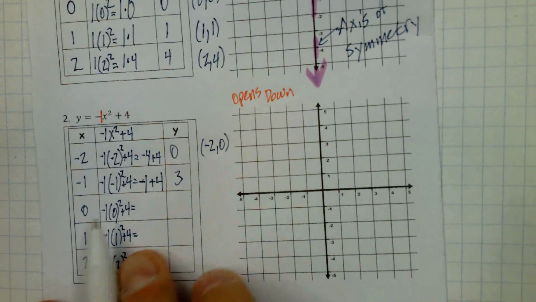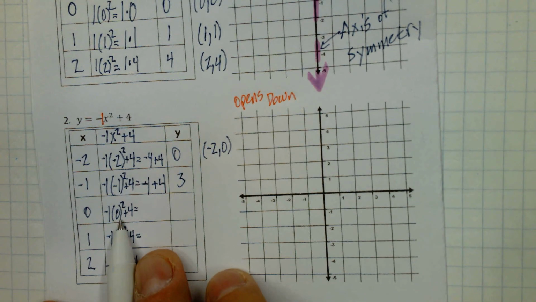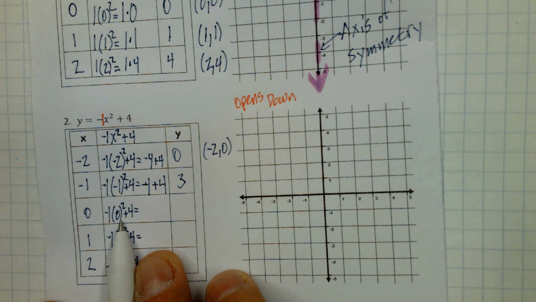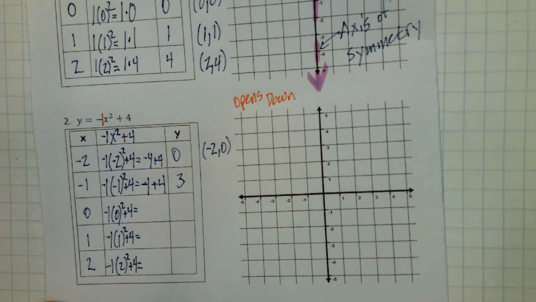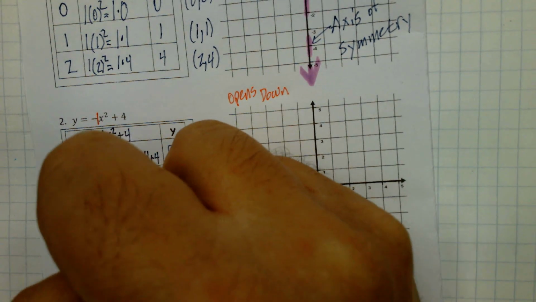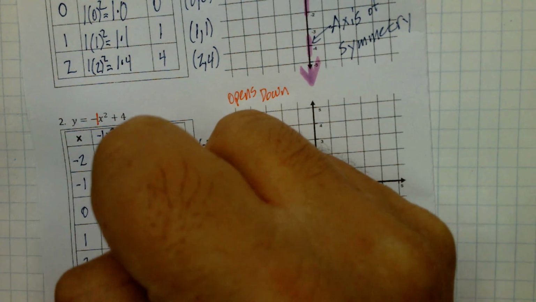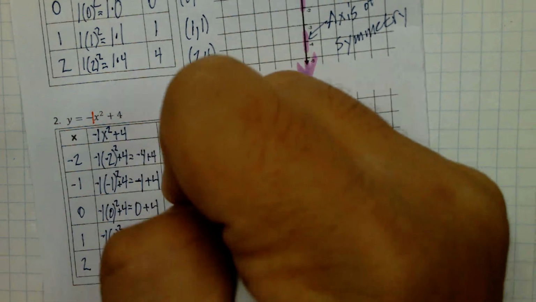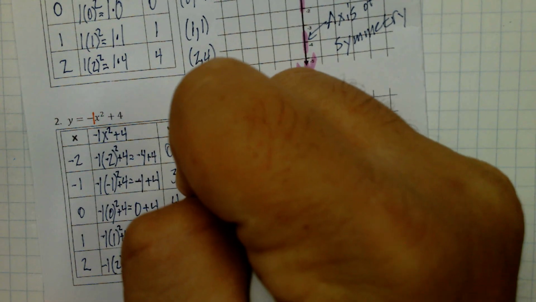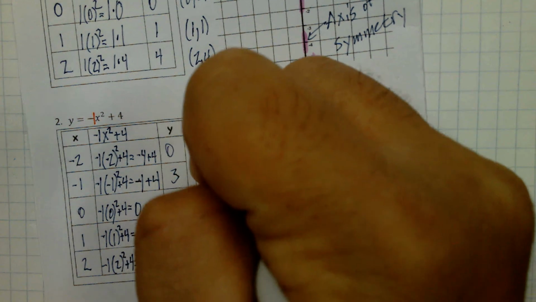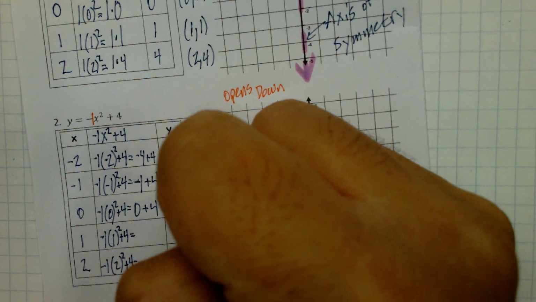All right. And then we have 0 squared. Well, 0 squared is 0 times 0, so it's 0. And 0 times -1 is 0 plus 4 makes it 4. So let me catch up. I didn't write the ordered pair here. -1, 3, 0, 4.